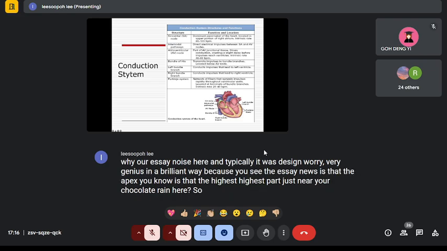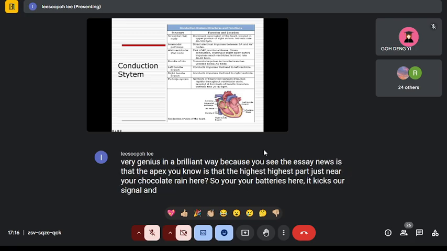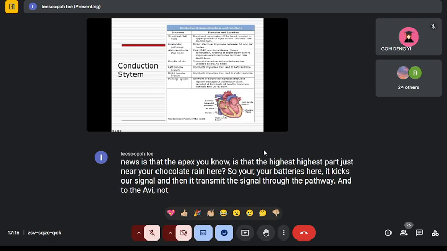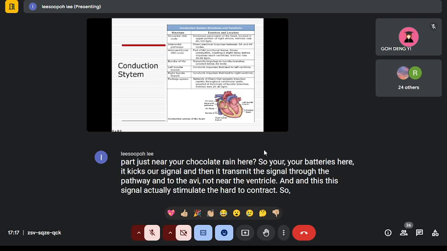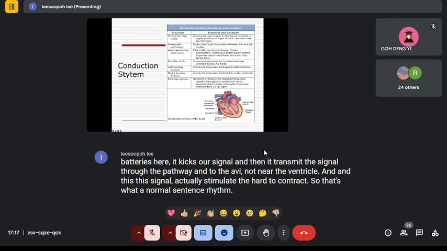So your battery is here. It kicks off a signal, transmits it through the pathway to the AV node near the ventricle, and this signal stimulates the heart to contract. That's what a normal sinus rhythm is.